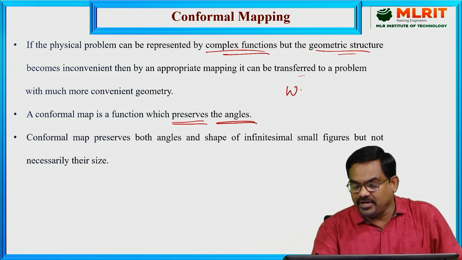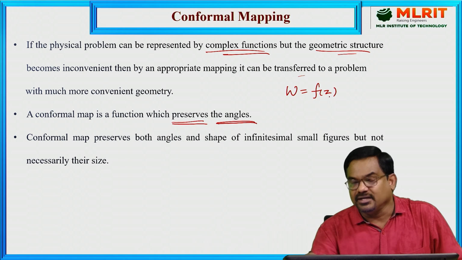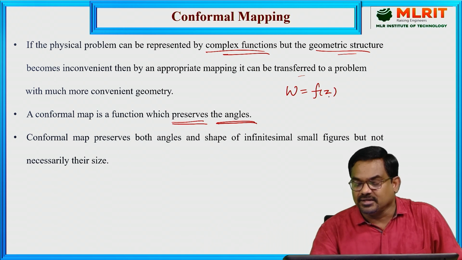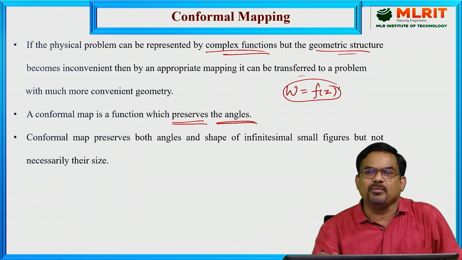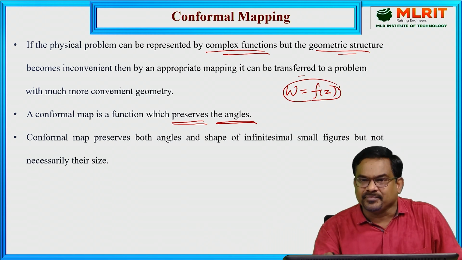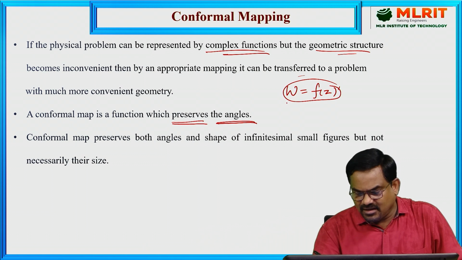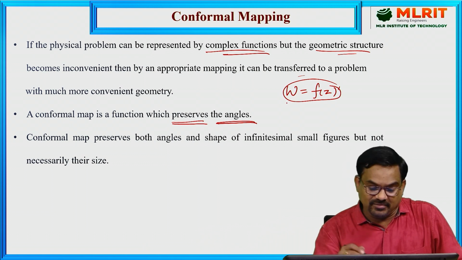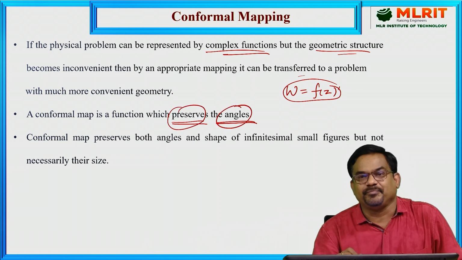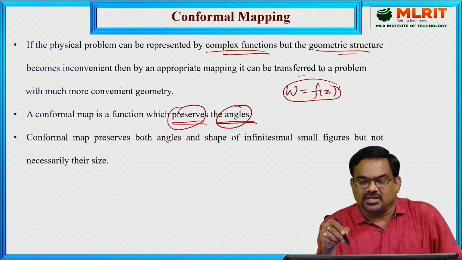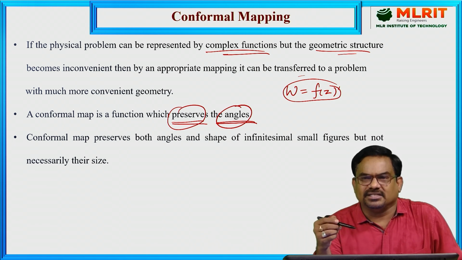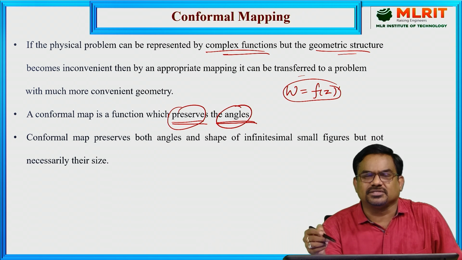Mapping means if I write w equal to f of z, it transforms a point from the z plane to a point in the w plane. This is called a mapping. And conformal mapping is a particular mapping which satisfies the definition that it preserves the angles. So today I am going to discuss the conformal mapping, the necessary definitions, some examples and some transformations.